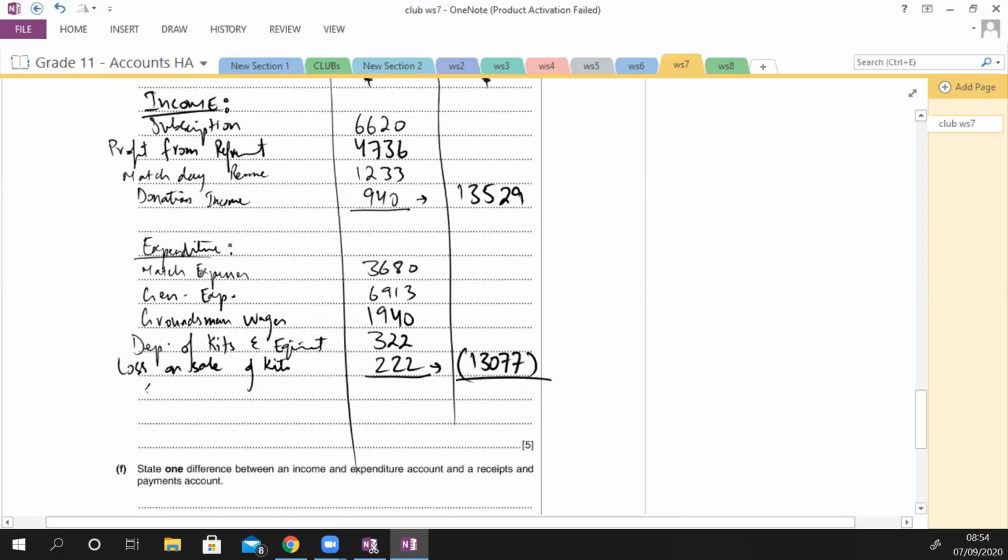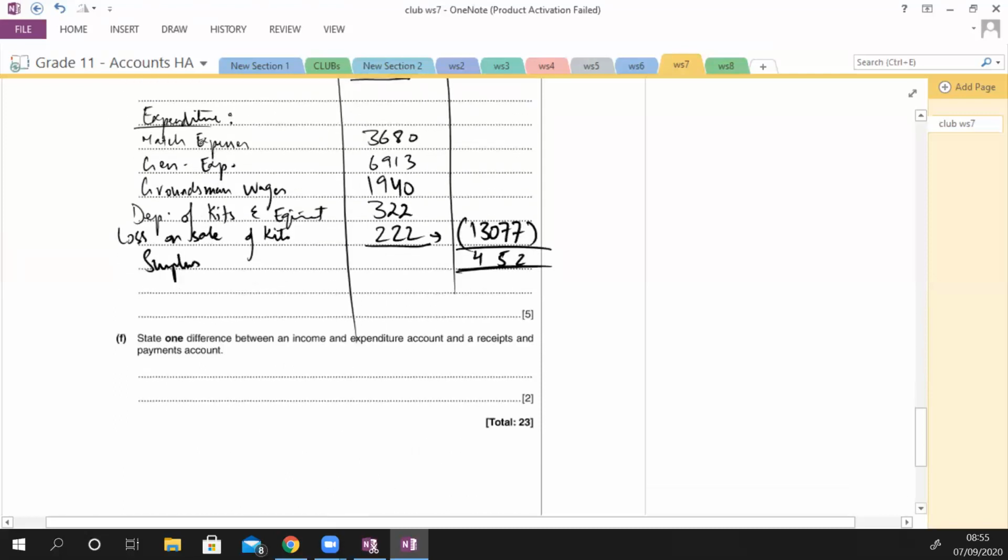That means, according to this, there's a surplus of 452.